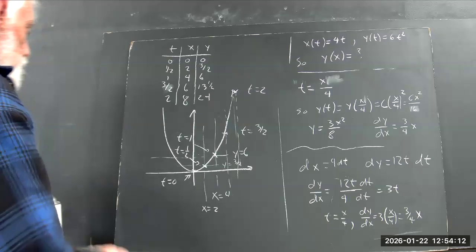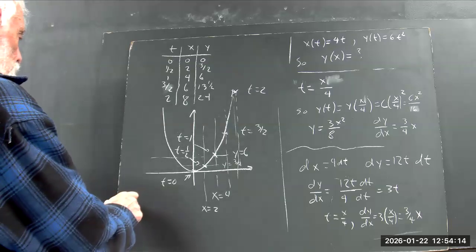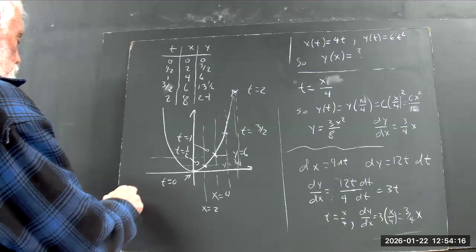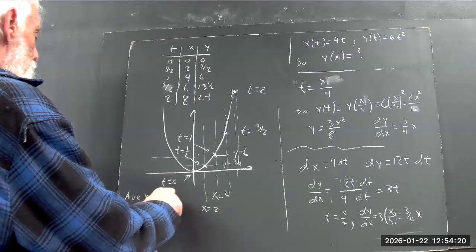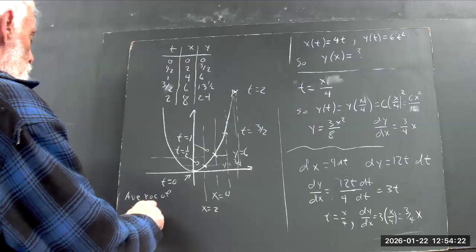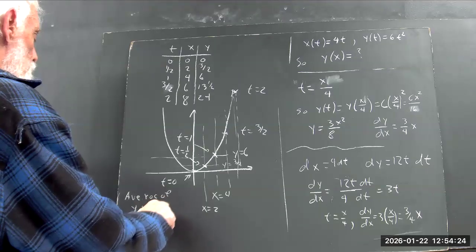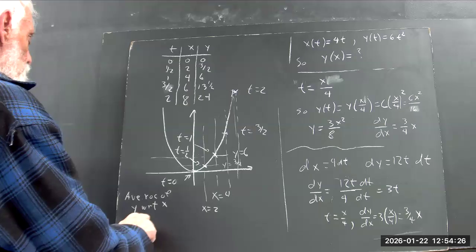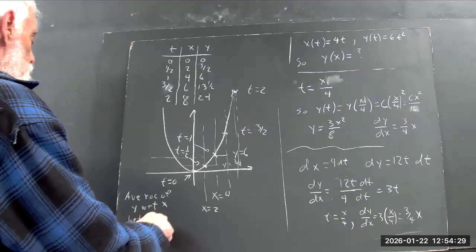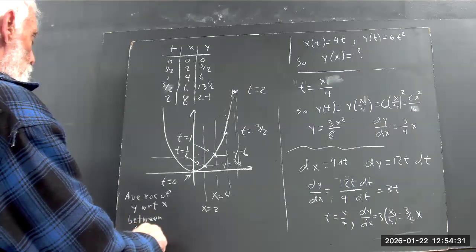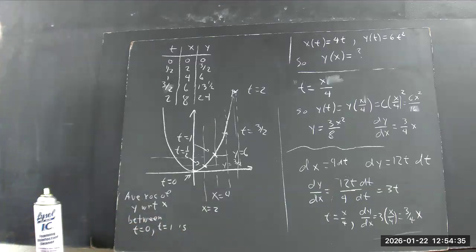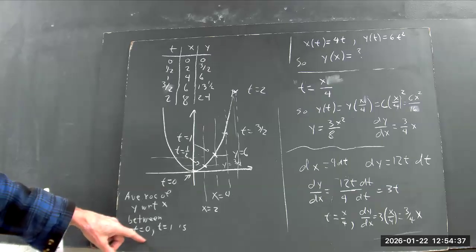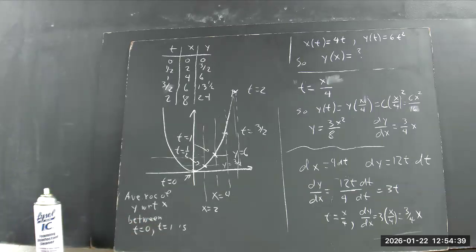So what's the average rate of change of y with respect to x between t equals 0 and t equals 1?